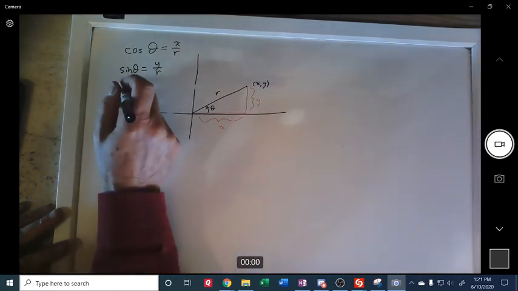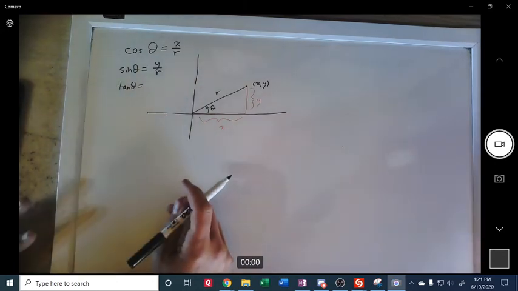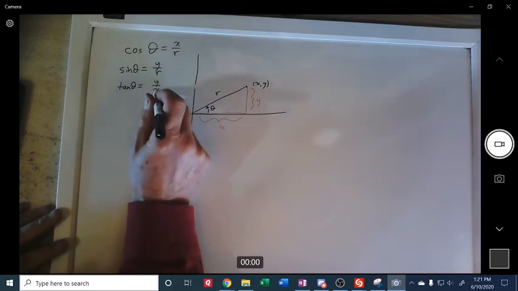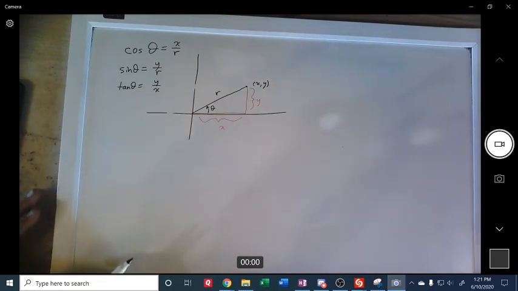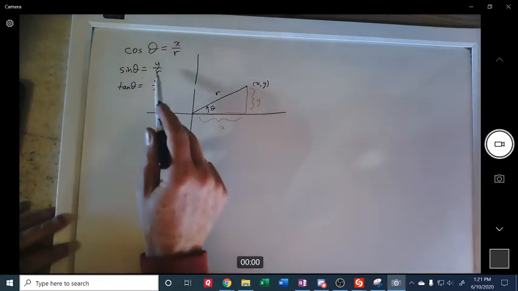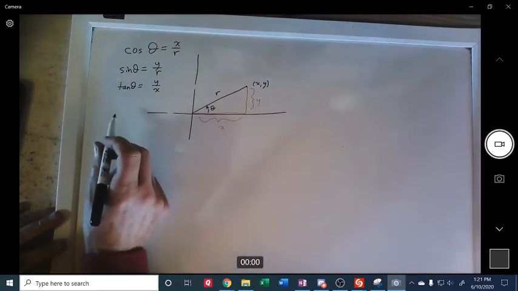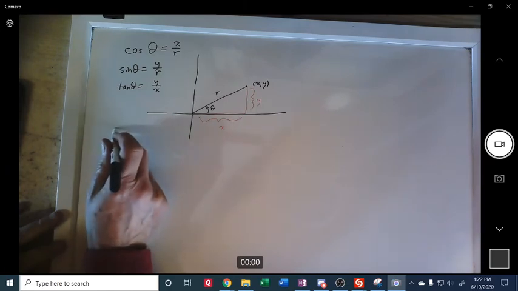And then the tangent is y over x. All three of those could have been obtained by the SOHCAHTOA acronym, adjacent over hypotenuse, etc. All right. Now, the other trig functions, when you take the reciprocal of cosine, you get what's called the secant.